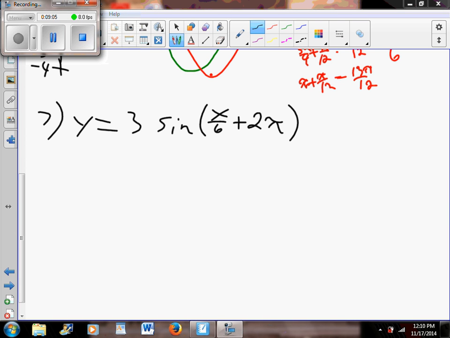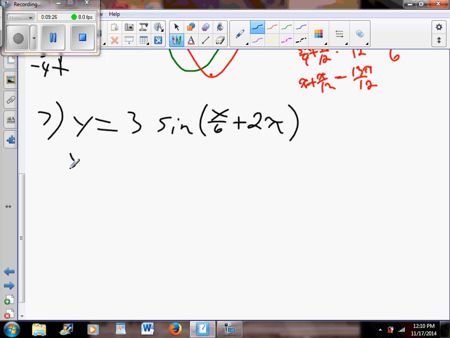Don't panic on me, Harry, until you look at the problem. But when I'm looking at y is equal to 3 sine x over 6 plus 2 pi, to find the phase shift, I've got to factor out the coefficient of x over 6. And what is the coefficient of x over 6? 1 over 6, isn't it?